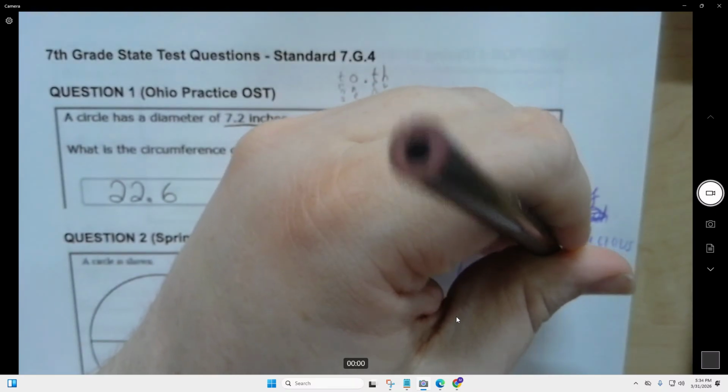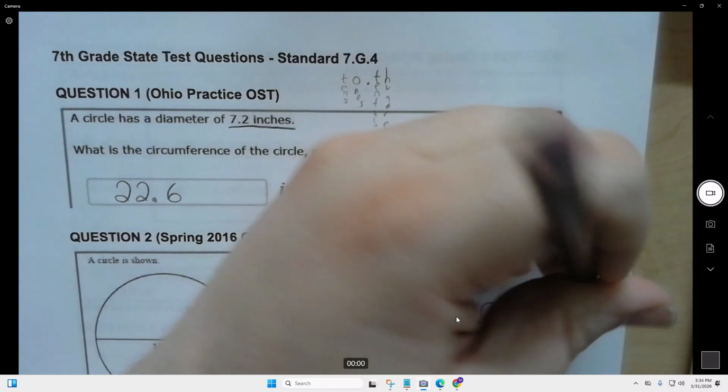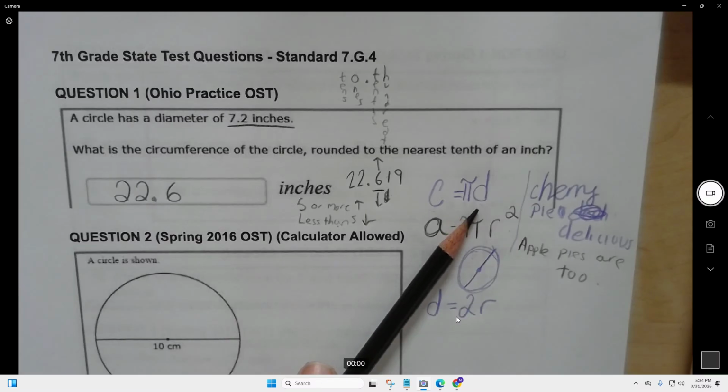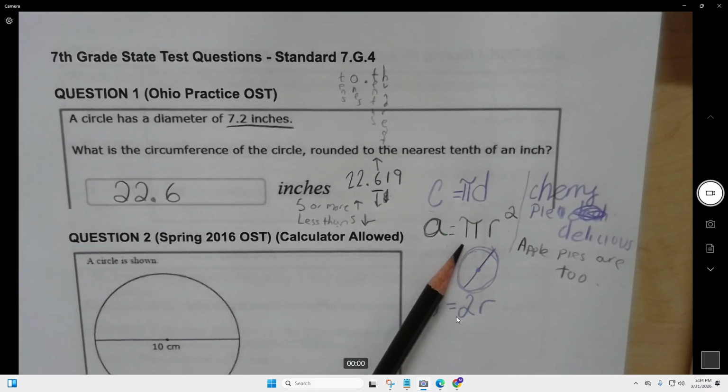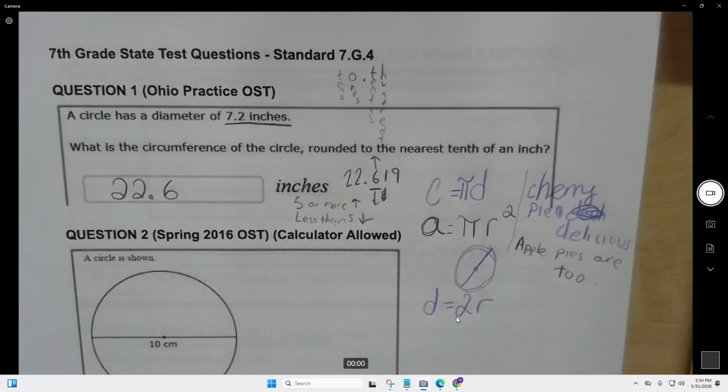Apple pies are 2. Cherry pie's delicious, apple pies are 2. That's how I remember the circumference and area formulas.